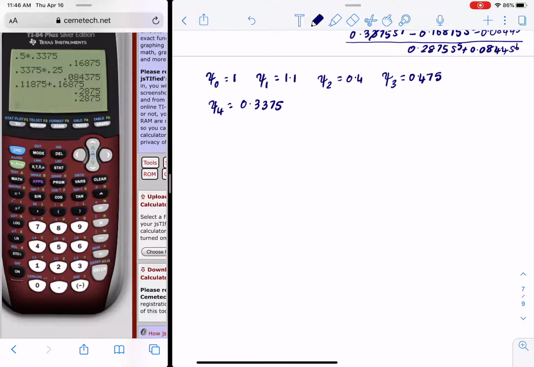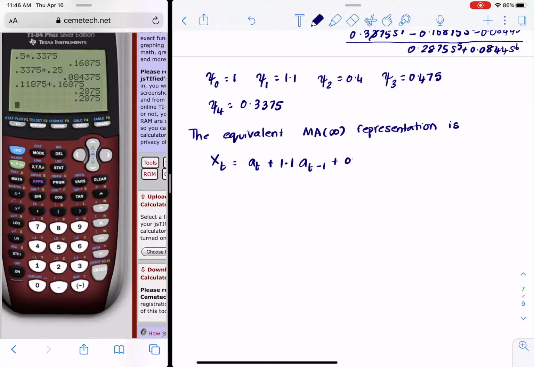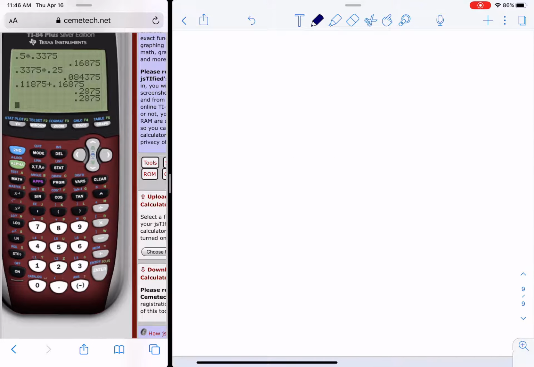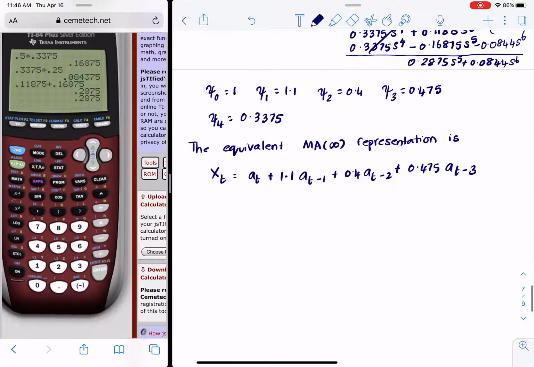So those are the psi weights, and the equivalent MA infinity representation is xt equal to at plus psi 1 at minus 1, psi 2 at minus 2, psi 3 at minus 3, psi 4 at minus 4, and so on.